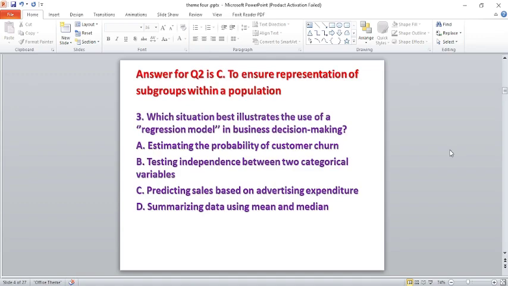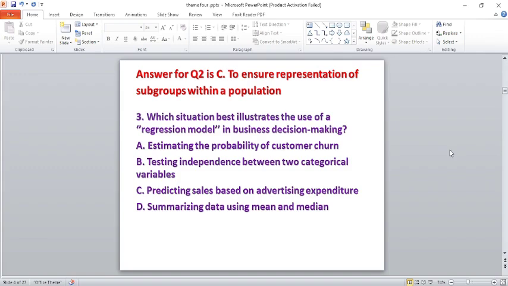Question number 3. Which situation best illustrates the use of a regression model in business decision making? A. Estimating the probability of customer churn. B. Testing independence between two categorical variables.